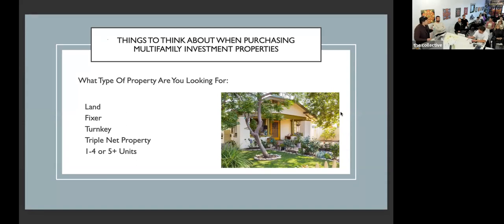And then when you're looking at multifamily, you want to think about the type of multifamily. There are two types of multifamily properties. 1 to 4 units, which are called residential properties. So that means you could buy up to 4 units and it's still considered residential.